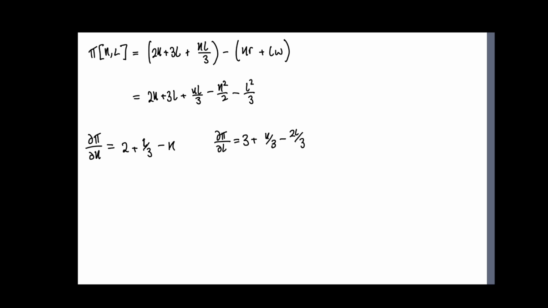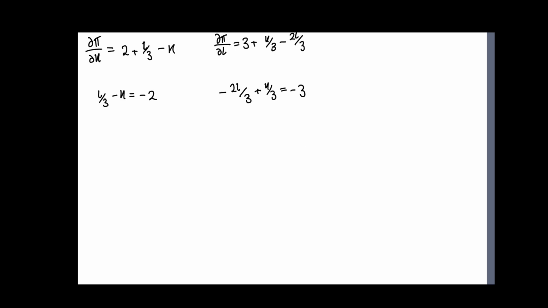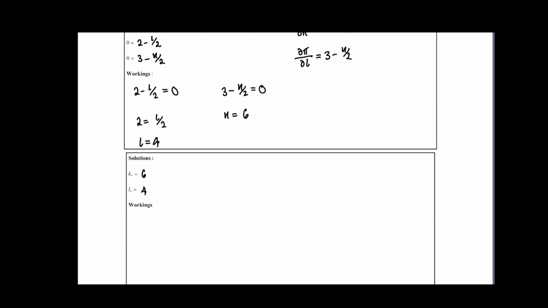If we now solve these, we have L over 3 minus K is equal to minus 2, and minus 2L over 3 plus K over 3 is equal to minus 3. When we solve these two equations simultaneously, we get L is equal to 33 over 5 and K is equal to 21 over 5. Cool, so that's part A and part B done.